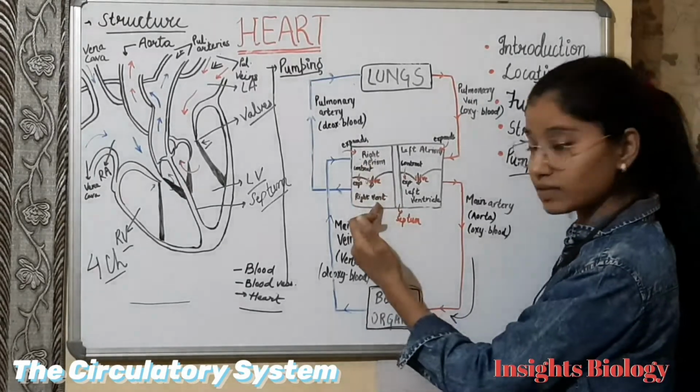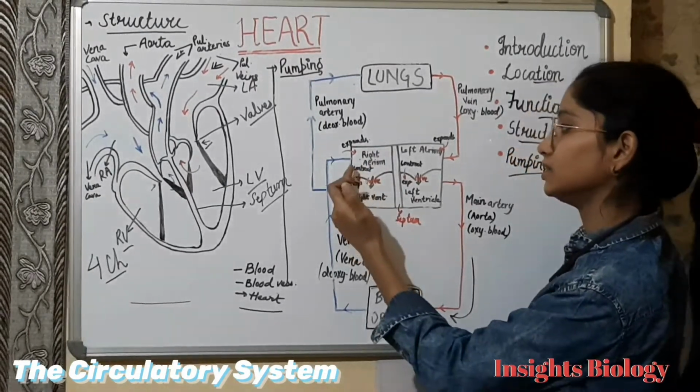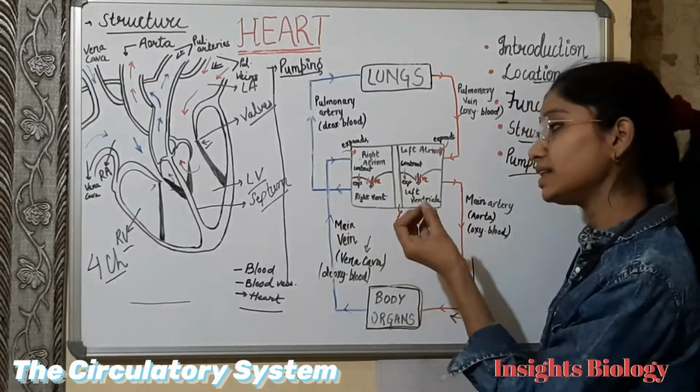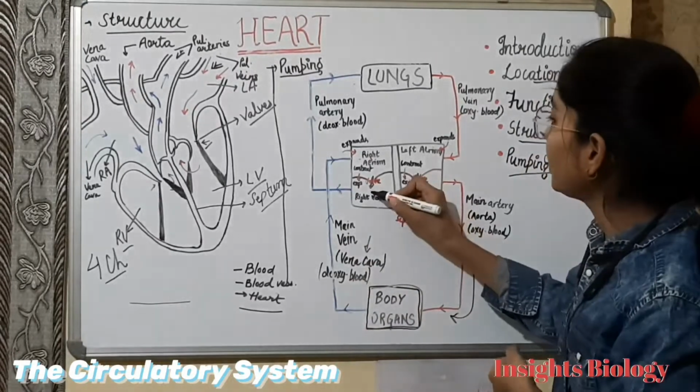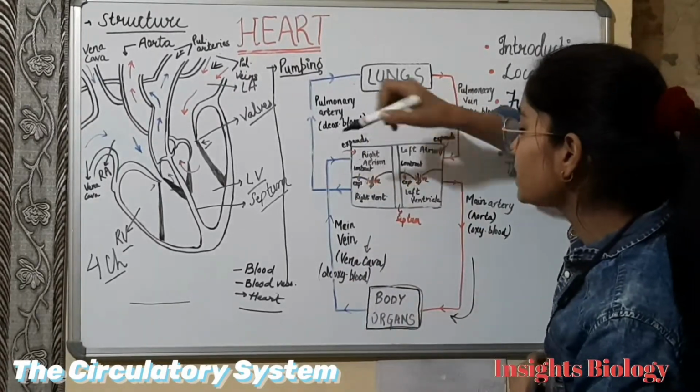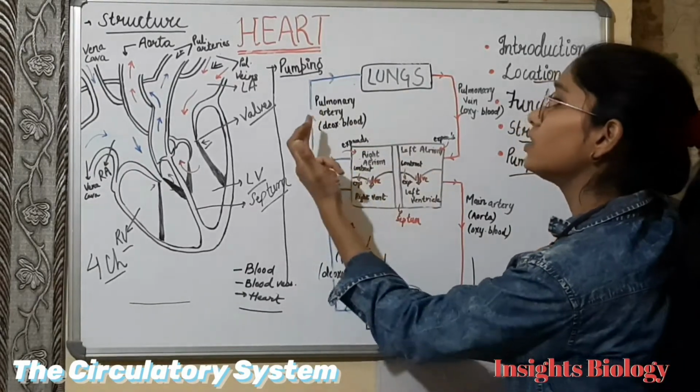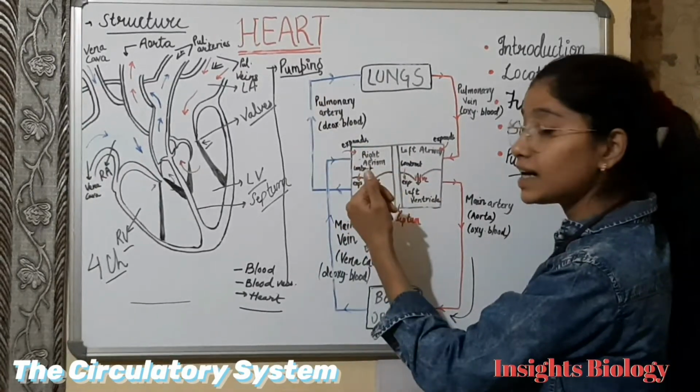When the blood travels to the right ventricle, the right atrium contracts and the right ventricle expands. Then from the right ventricle, the blood travels to the lungs through the pulmonary artery.